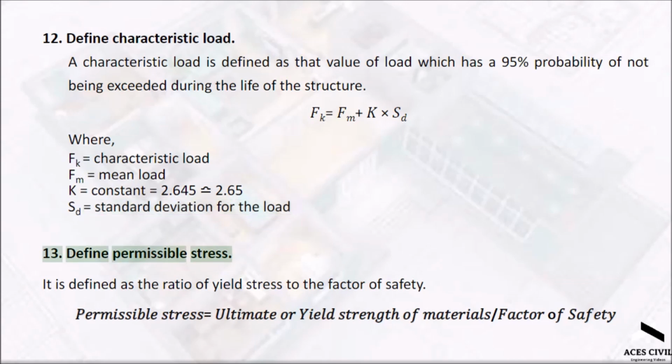Define permissible stress. It is defined as the ratio of yield stress to the factor of safety.